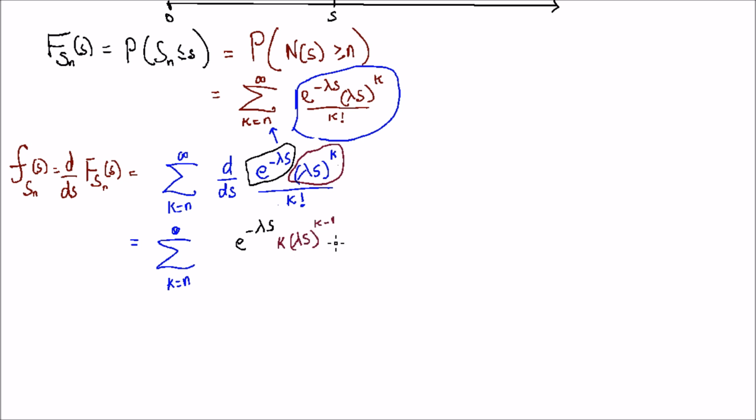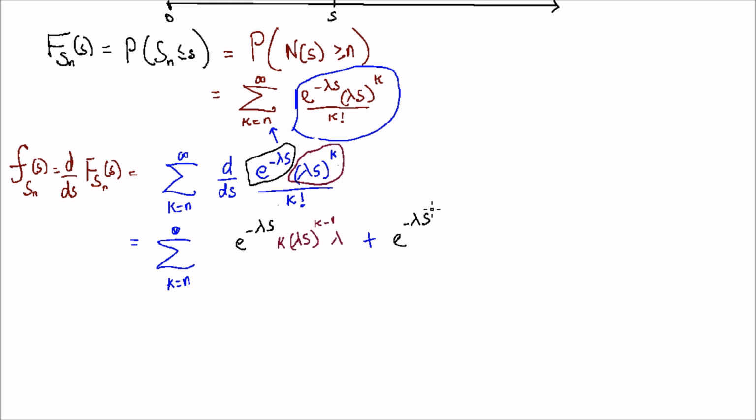Need to also take the derivative of lambda s, so I have lambda, plus the derivative of the first term, which is in black, that would be e to the negative lambda s.